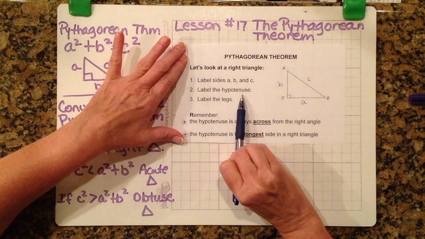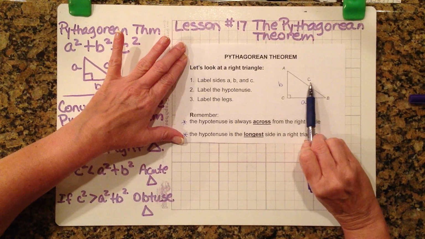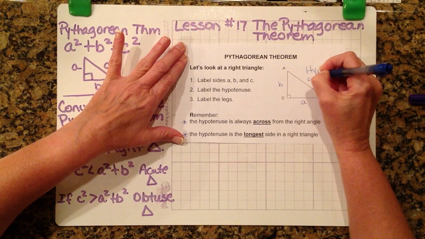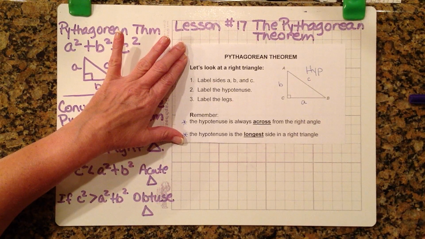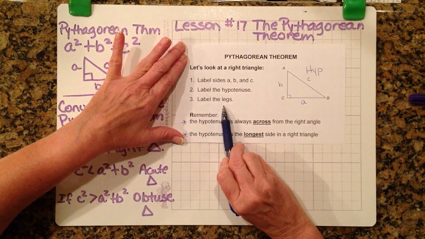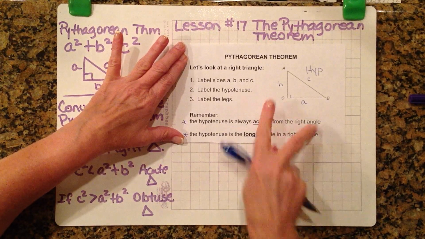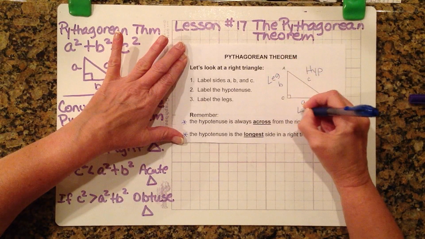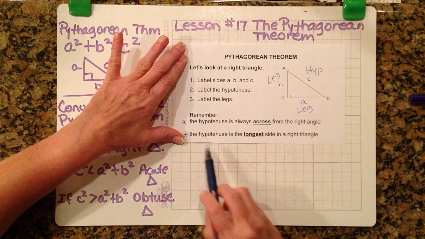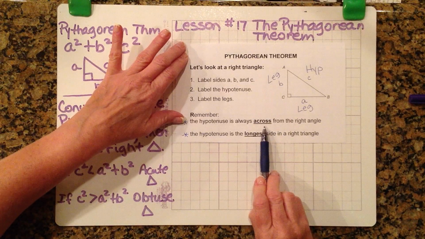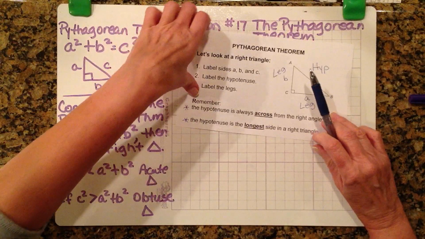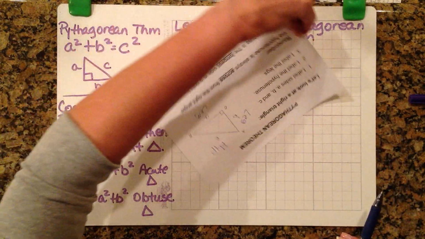So let's now label the hypotenuse. The hypotenuse is always opposite the right angle, and I'm going to label that with the hypotenuse as C. And then let's label the legs. The legs are the other two sides. So this is a leg, and this is a leg. Okay, so please remember, the hypotenuse is always across from the right angle. That helps you identify it, because your triangle may actually be turned around.